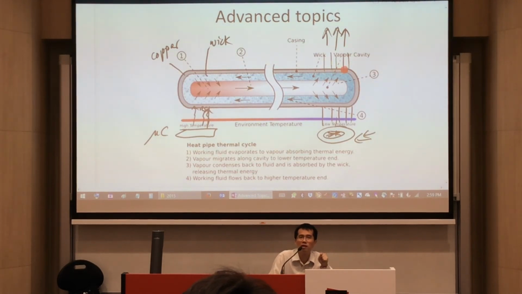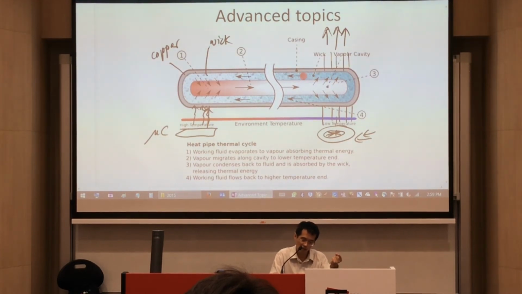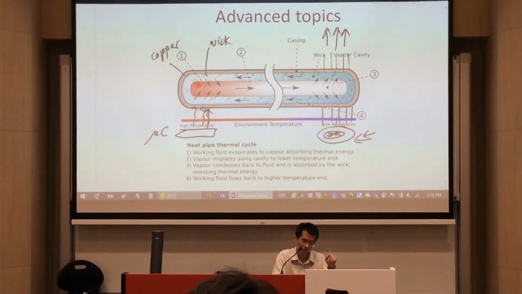And once it's cooled down, it will convert back into its liquid state, and then it will travel itself back via the wick naturally to this part here to get reheated. So you could see this entire process will just continuously circulate.